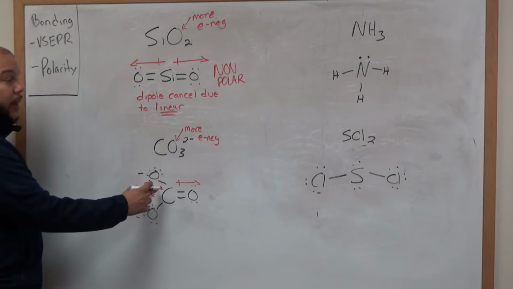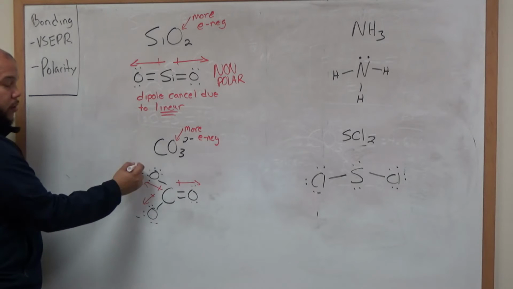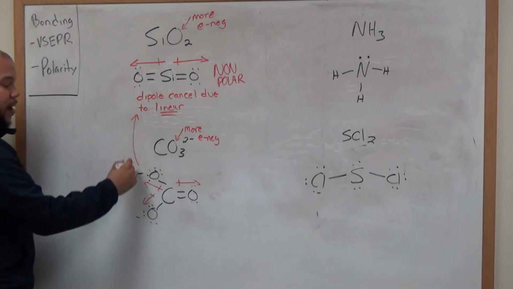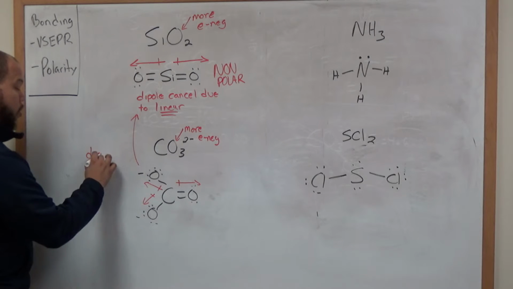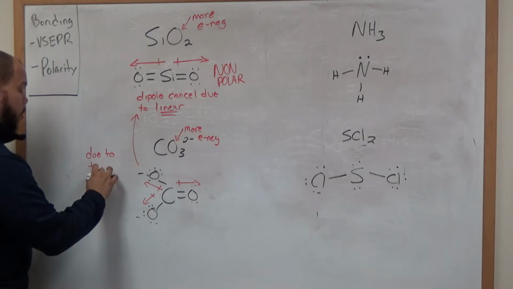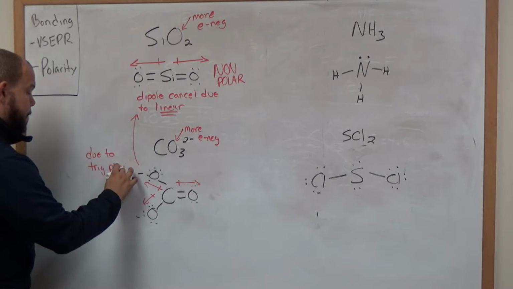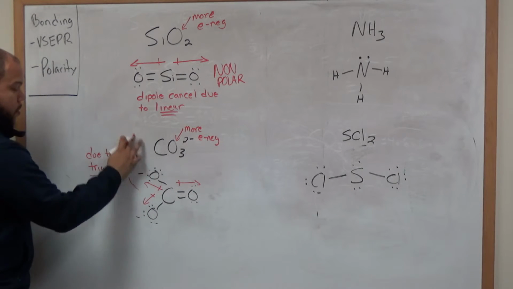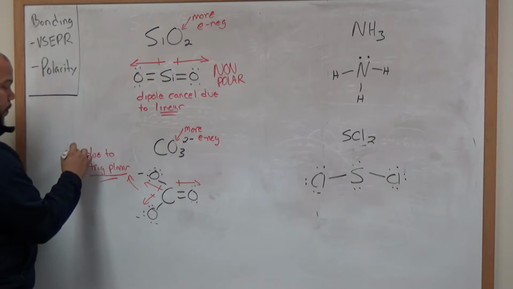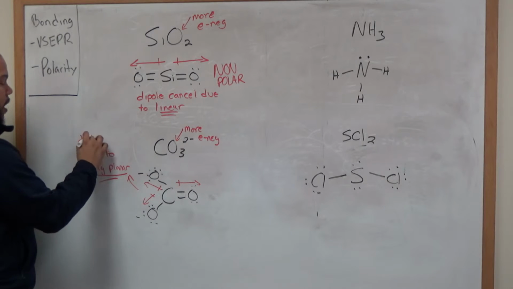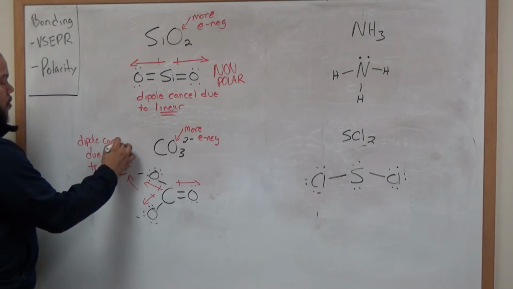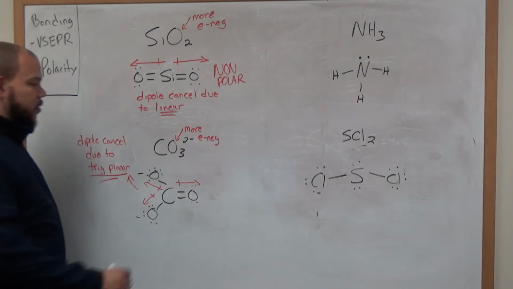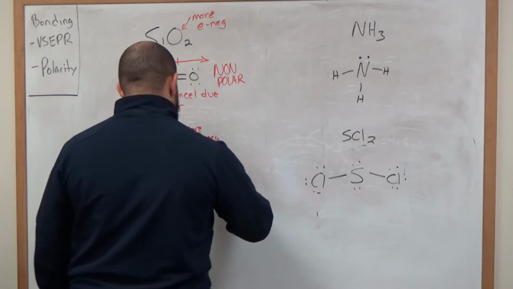If we look at the molecular geometry, we end up with the exact same situation, except it's due to trigonal planar. The dipole cancels. Because the dipole cancels in this case, nonpolar.